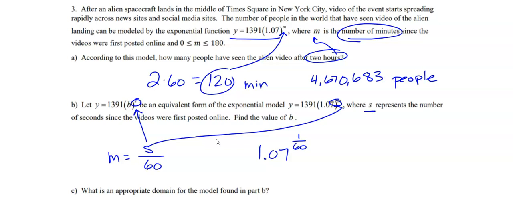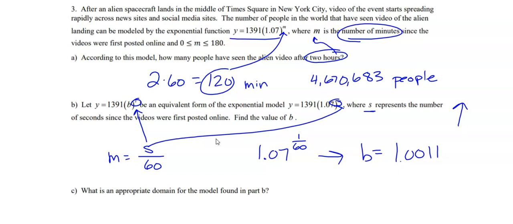Instead of going to a bigger unit, we're going to a smaller unit. Seconds are smaller than minutes. So instead of raising it to the 60th, we need to raise it to the 1/60th. Okay, so our new b is equal to 1.0011.